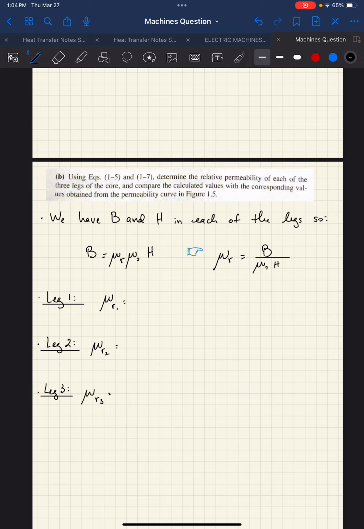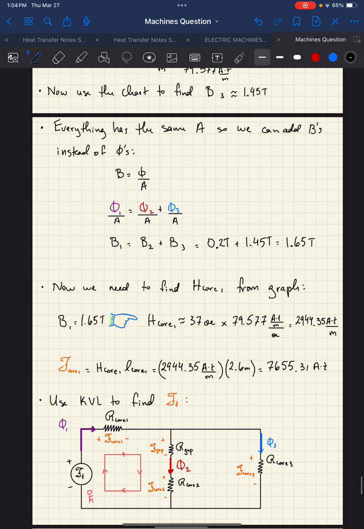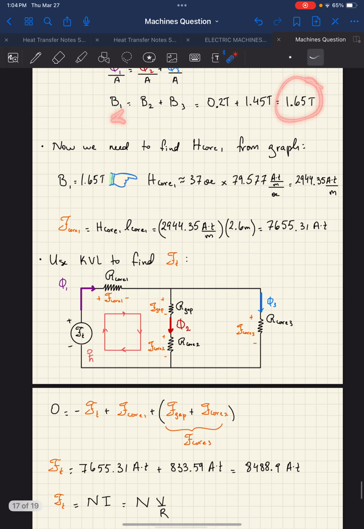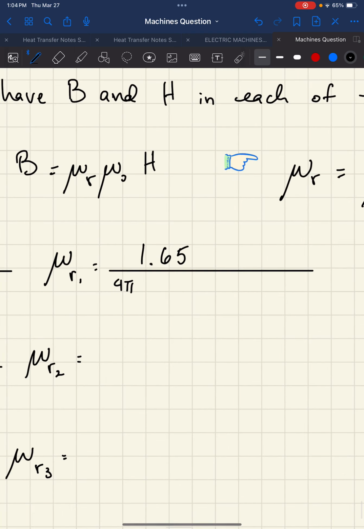So for leg 1, what was B1? B1 is 1.65. So we have here 1.65. Mu naught is a constant, it's 4 pi times 10 to the minus 7 Weber per amp turn meter.